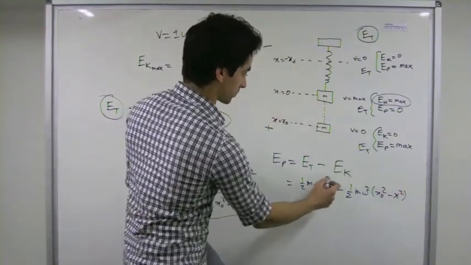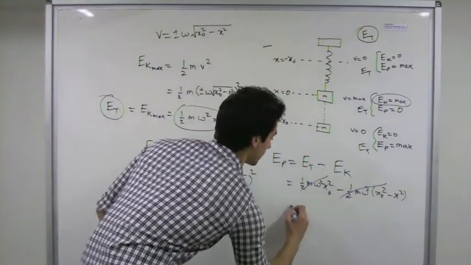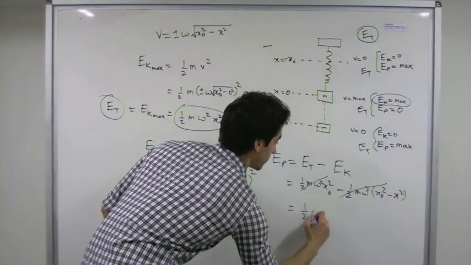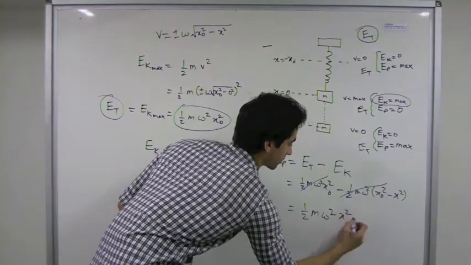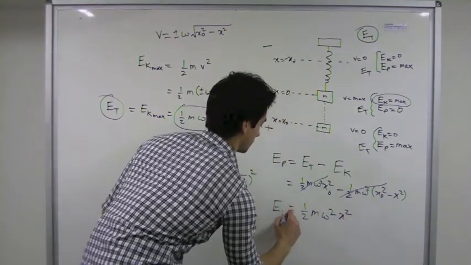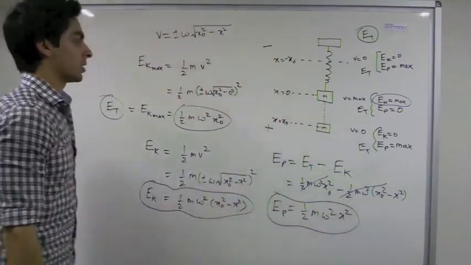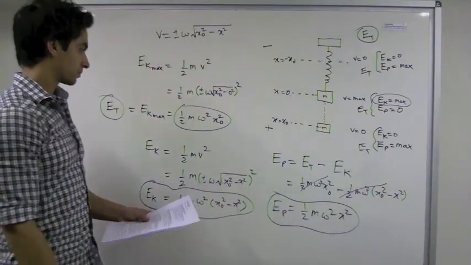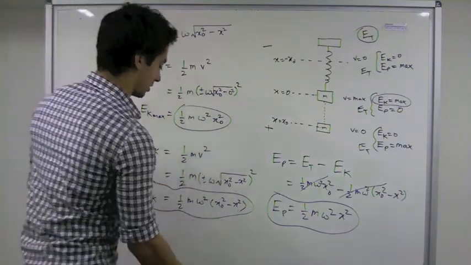You see that this term is the same as this term, so they get cancelled out, and we are left with half m omega squared x squared. So that's the potential energy at any point. So we have the total energy, kinetic energy, and the potential energy.